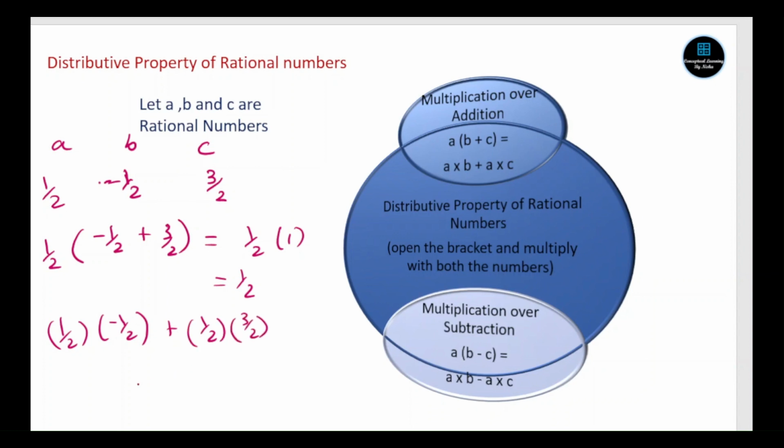What do we get? This is going to be minus 1 over 4 plus 3 over 4. If we solve this, I'll get 2 over 4, which is 1 half. Correct? In both cases, we get the same answer. And the same thing I can prove for subtraction also. Perfect.